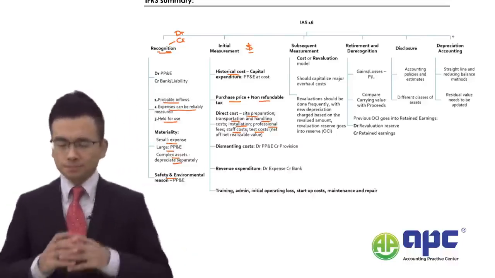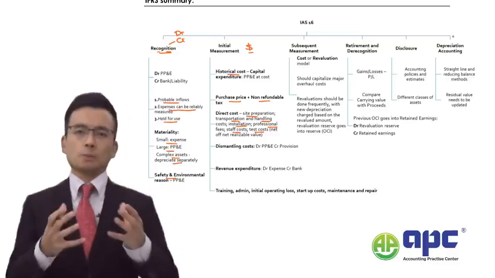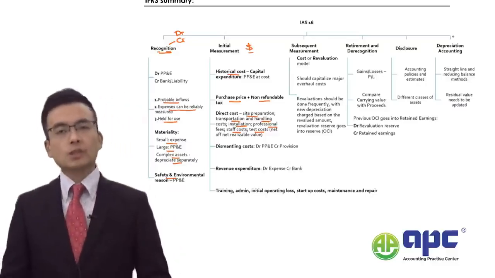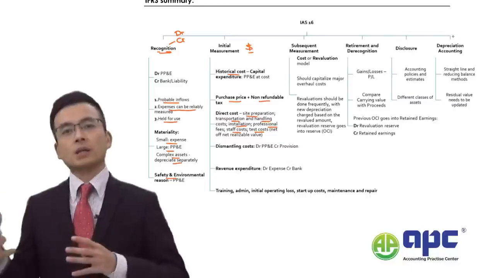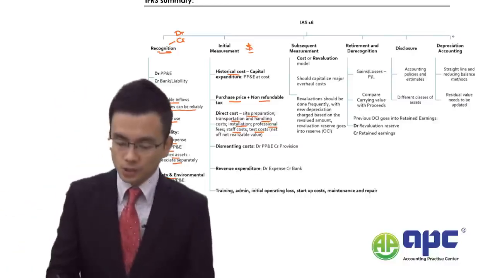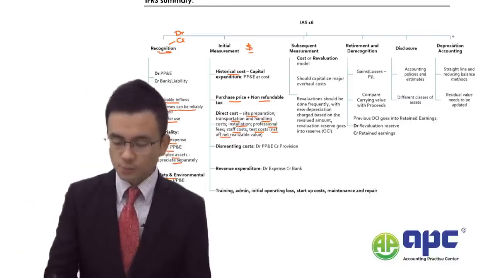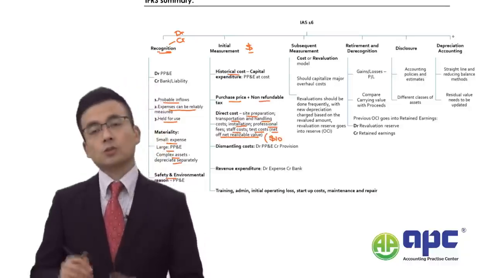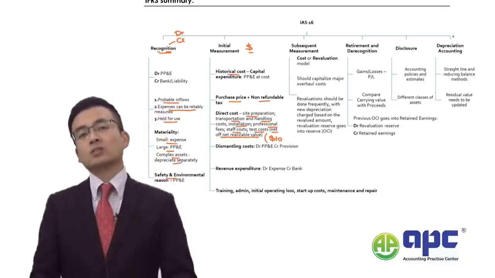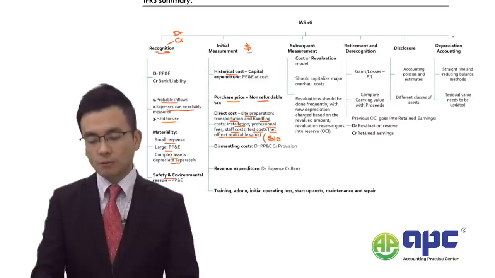But remember, if the materials that you input into the equipment turn into a final product that we're going to sell, we need to net off the net realisable value. In other words, we input $10 of raw material costs, but after it's been turned into a finished product, we can sell it for $4.